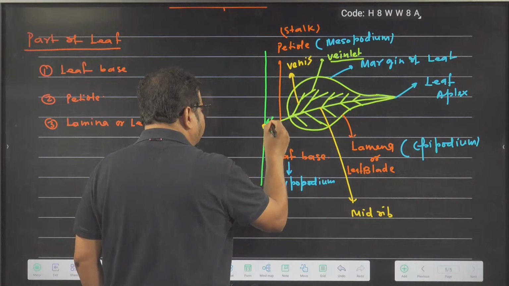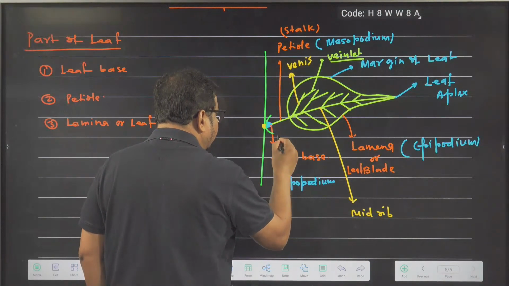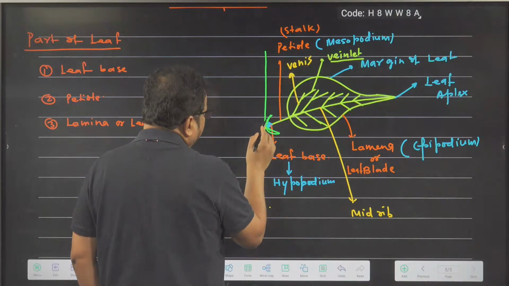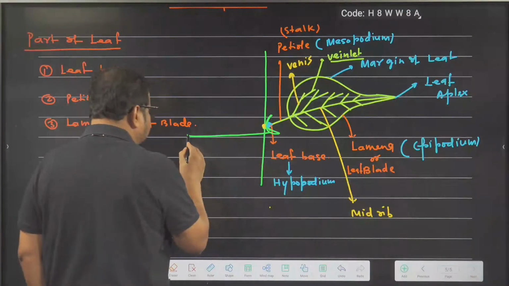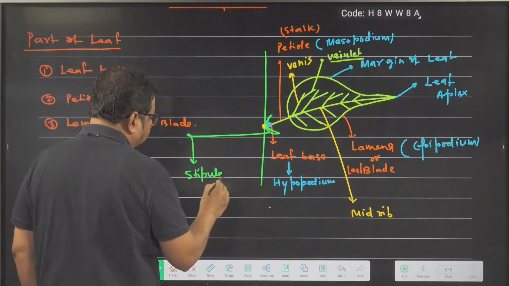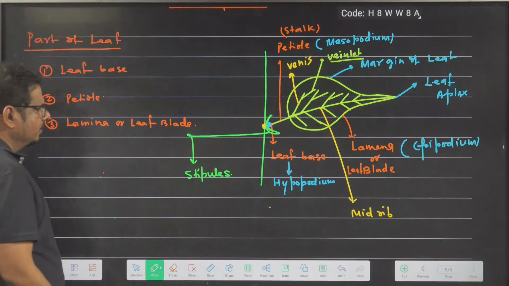It is not compulsory. A small leaf-like structure may arise from the leaf base area, and these small leaf-like structures are called stipules.